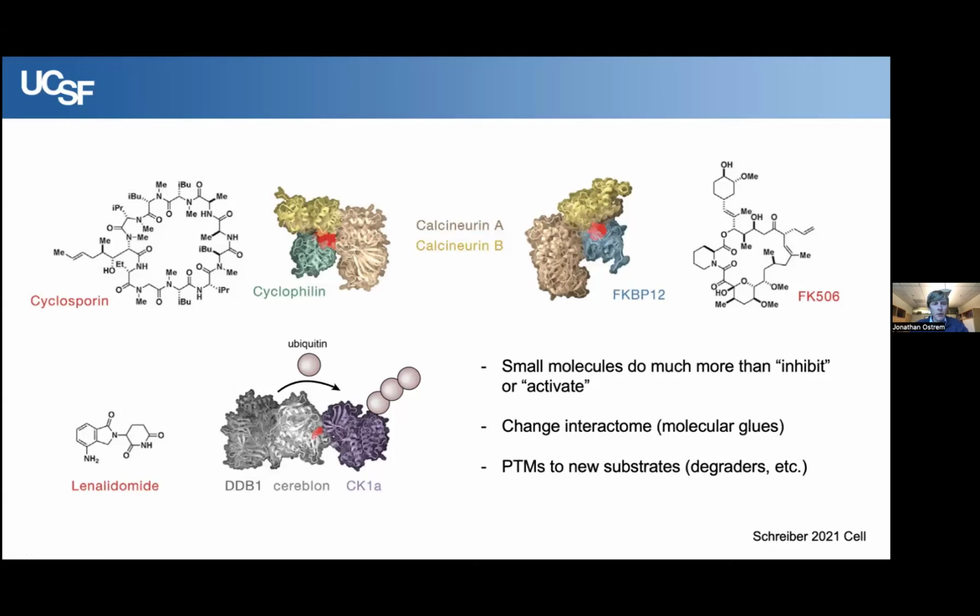Things like molecular glue degraders. This audience obviously needs no introduction to these things, but the reason I bring this up is because some of the most fascinating mechanisms of small molecules have come from phenotypic screens identifying small molecules and then working to understand their mechanism within the cell, finding completely novel mechanisms this way.